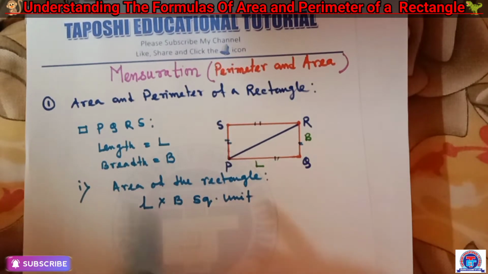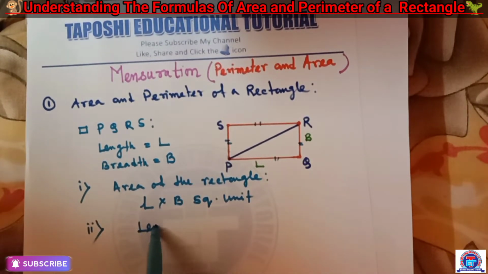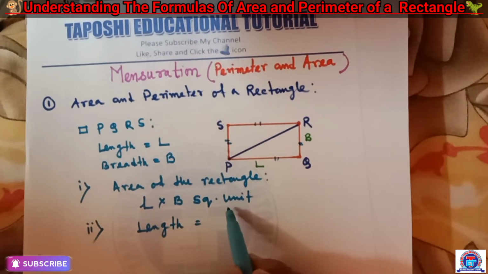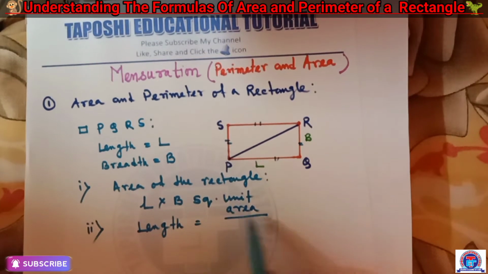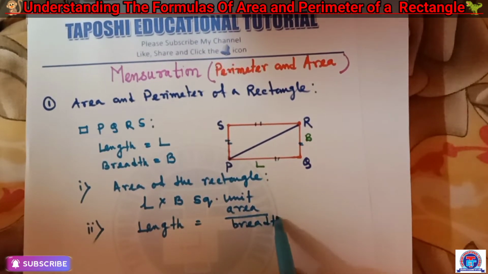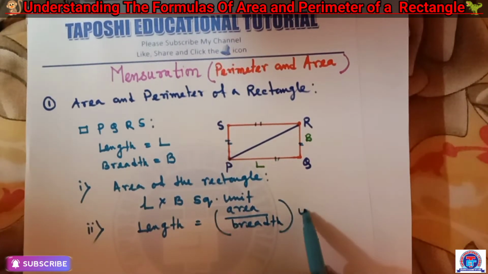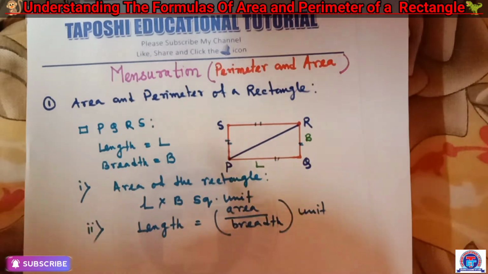Now if we find out the length, then we can write length is equal to area upon breadth. Okay, so it is unit. Correct?